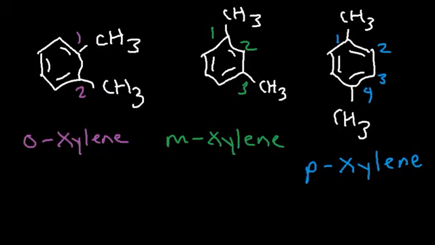Now what if we have more than one substituent? How do we name it? So let's use benzaldehyde this time. And let's say we have a chlorine and a bromine.